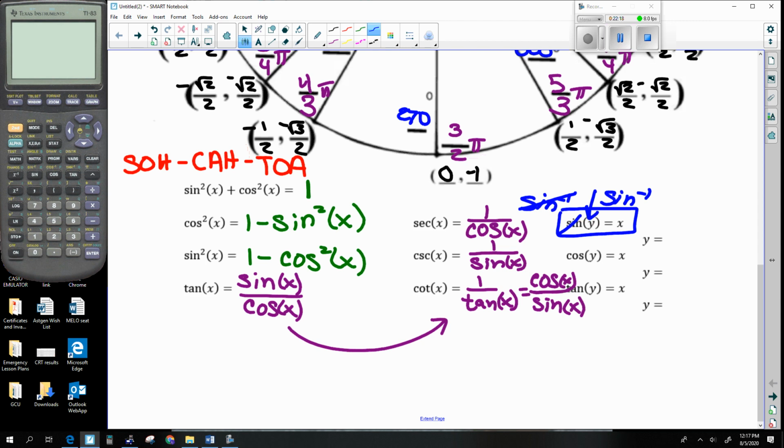So if I inverse sine, that gets rid of the sine, freeing up the y. So y would be equal to inverse sine x, because I have to slap that on that side right there. So there's an inverse cosine and an inverse tangent as well.